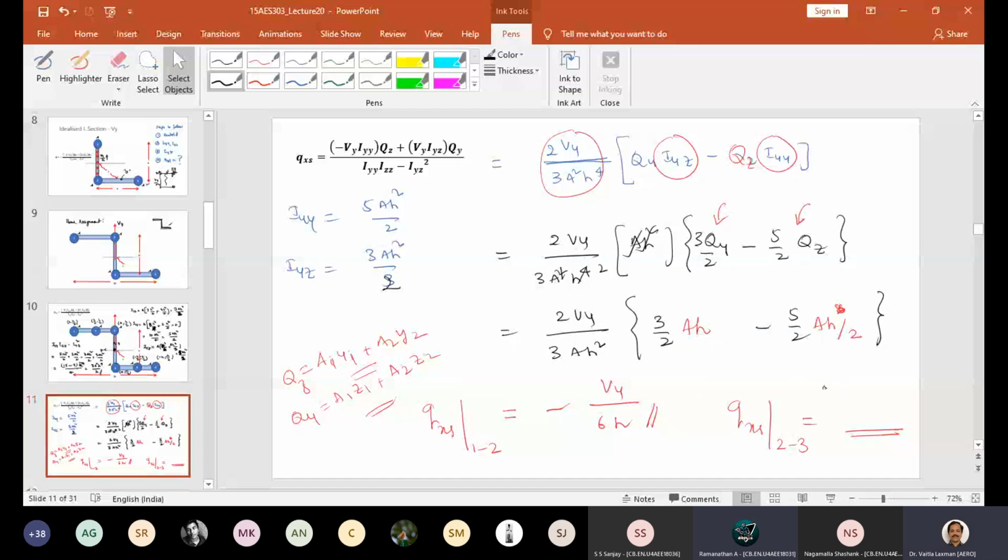Minus 4 by 3 Vy by h. What about the others? The formula is here. Only you have to calculate V, Qy and Qz.